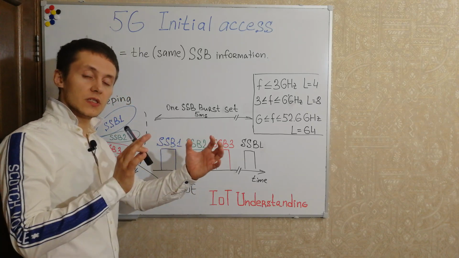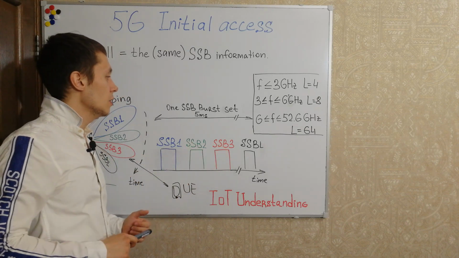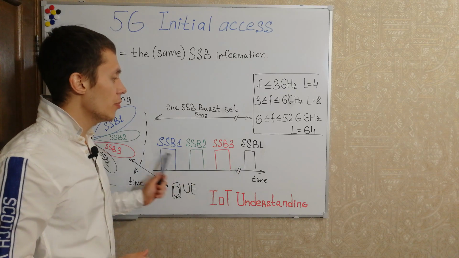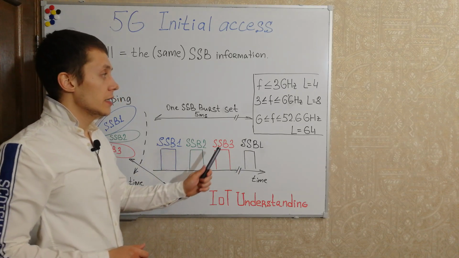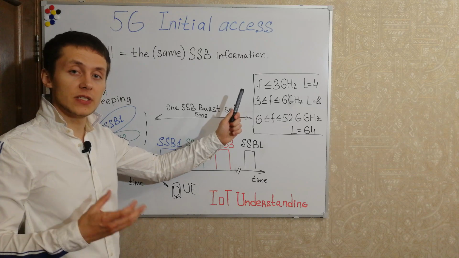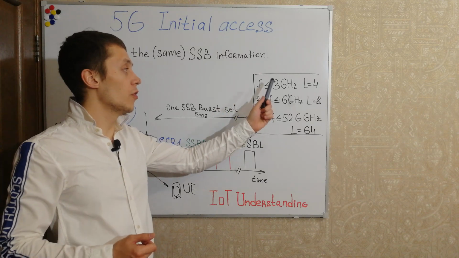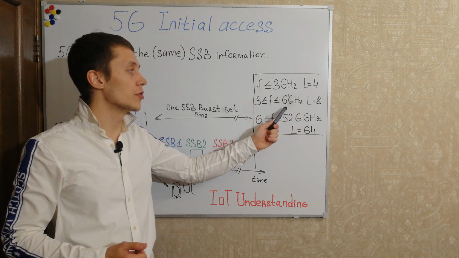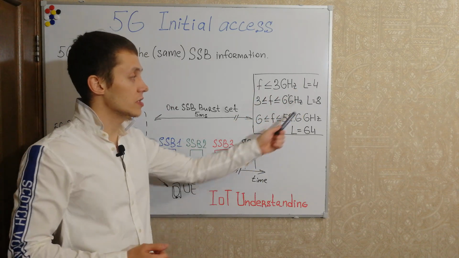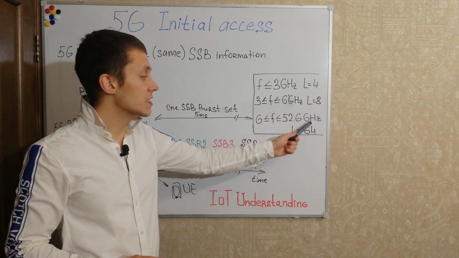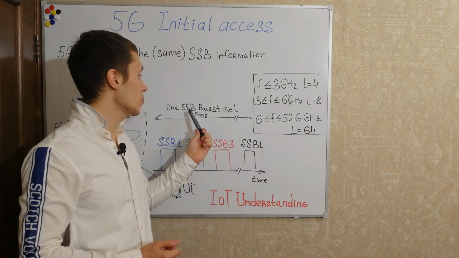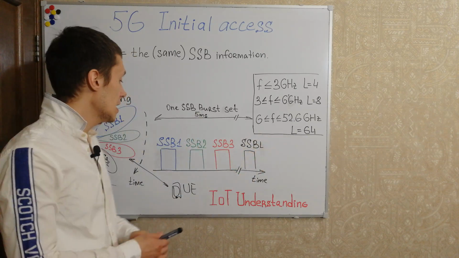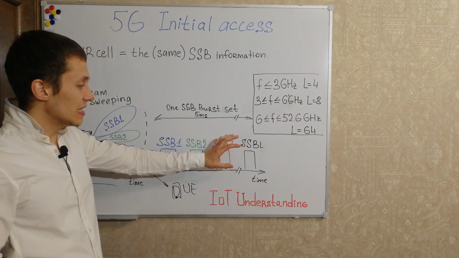This is inside a 5 millisecond window, and the maximum number of SSB blocks depends on the frequency carrier. For sub 3 GHz, this is 4. For sub 6 GHz, the maximum number of SSB blocks is 8, and 64 SSB blocks within one SSB burst set is for millimeter waves. This is the organization in time domain.